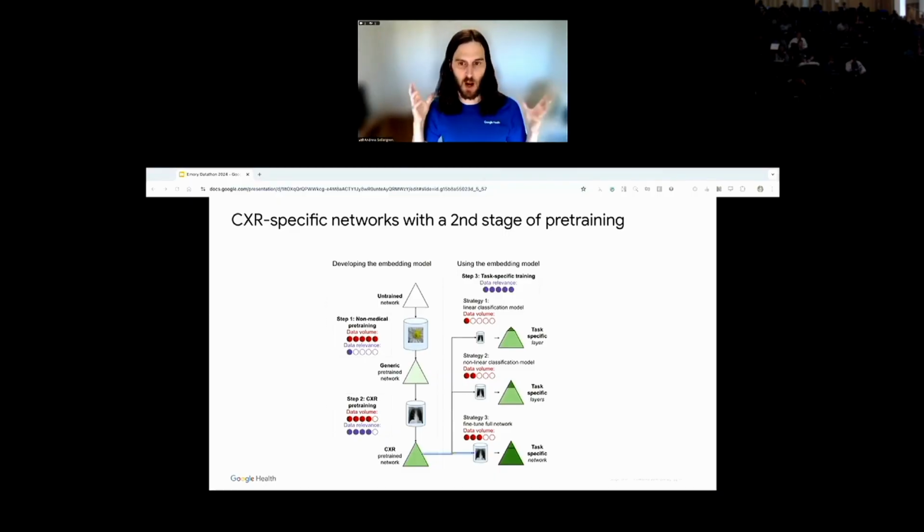We want a model that does really well at understanding chest X-rays. Doesn't necessarily do the best at one particular classification task or one particular, you know, generating reports. But it's kind of a jack of all trades, hopefully. And I'll talk about how we do that. We'll say, you know, how do we design tasks that get us a better model like that?